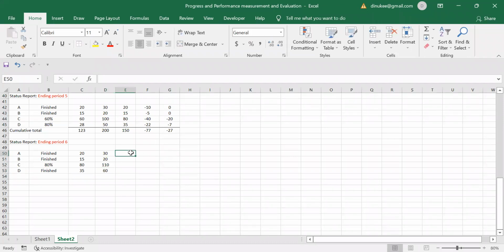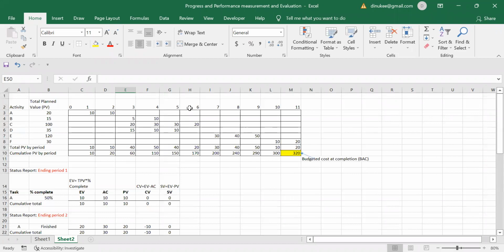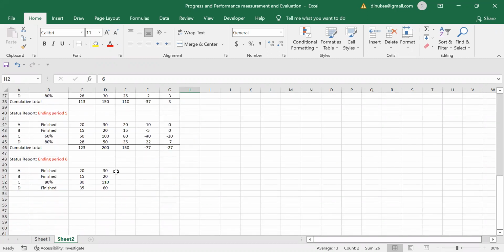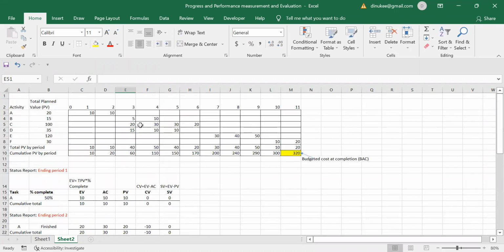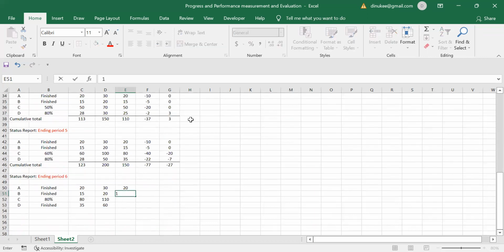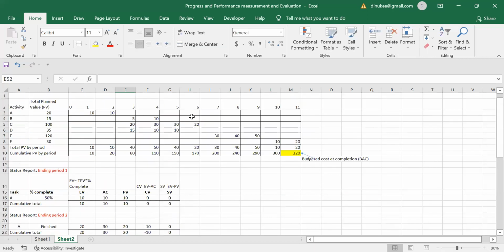And now the plan value for the activity ending period 6. Ending period 6 means this. Plan value for the activity A is 20, it should be 20. And for the B plan value is 50. Right? For the C plan value is how much?